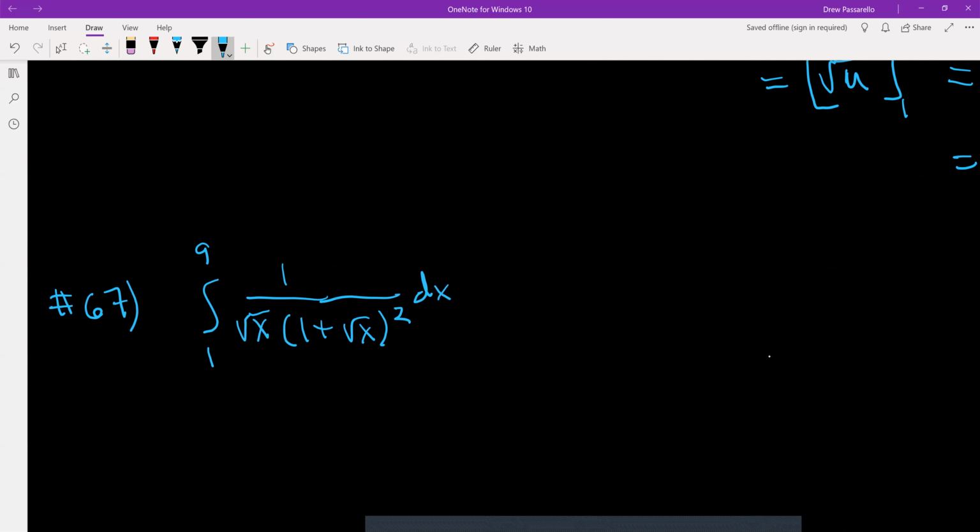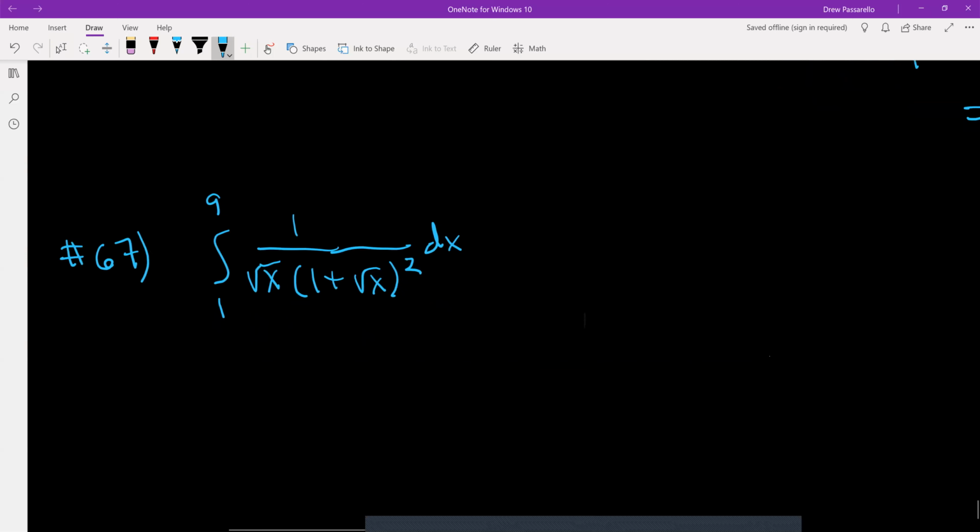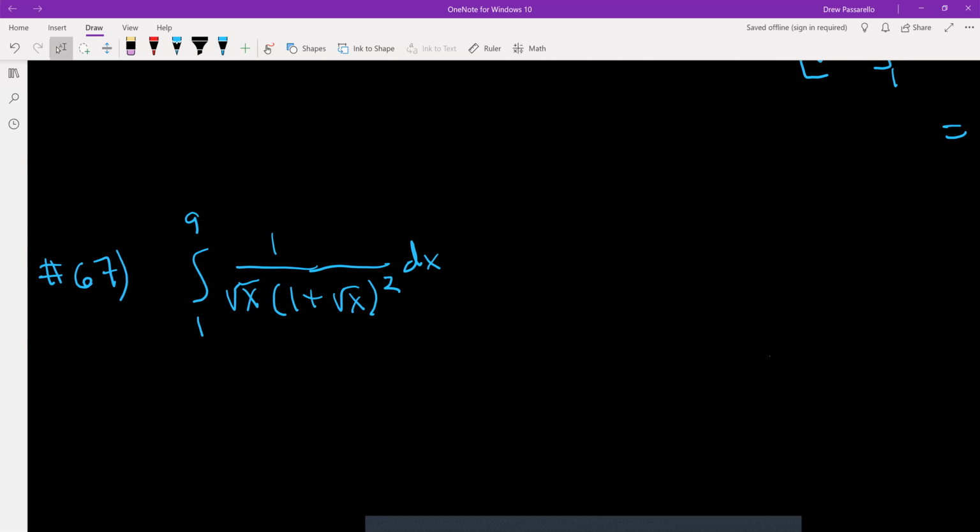All right, so we have a good bit of stuff going on here. We have 1 over the square root of x, and then times the 1 plus square root of x in parentheses squared. Now these things are in the denominator. I'm going to go ahead and change these into negative exponents. So we know square root of x is x to the 1/2. So if I have it in the denominator, 1 over square root of x is x to the negative 1/2.